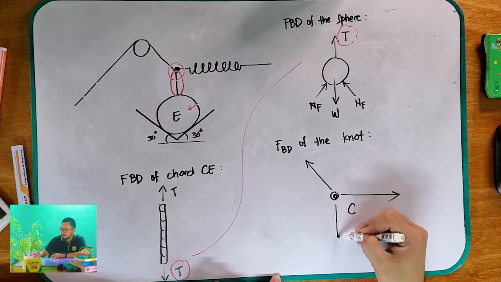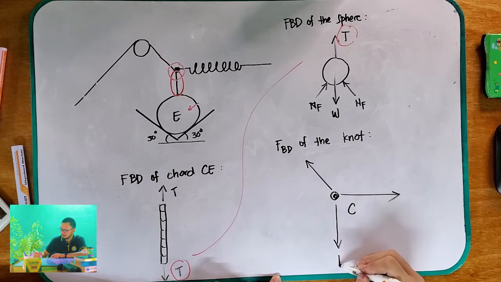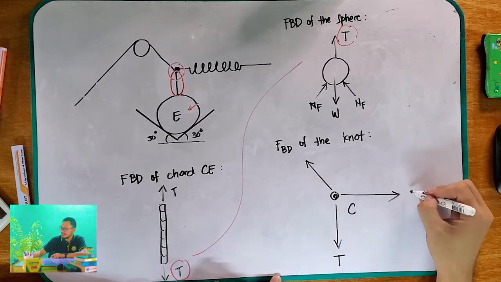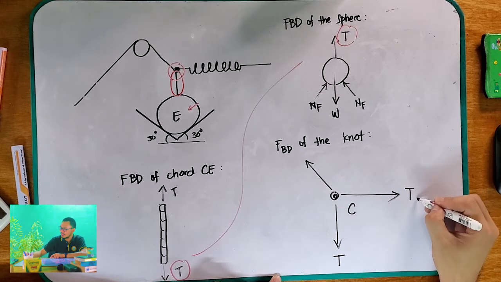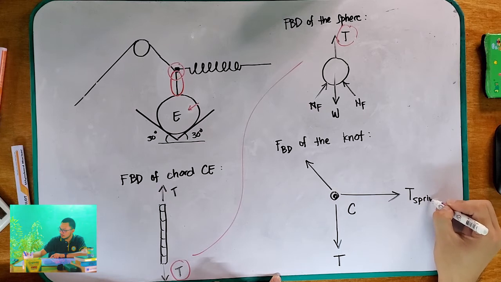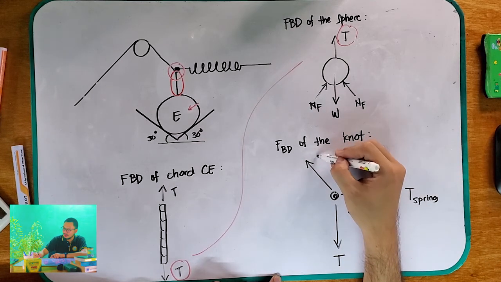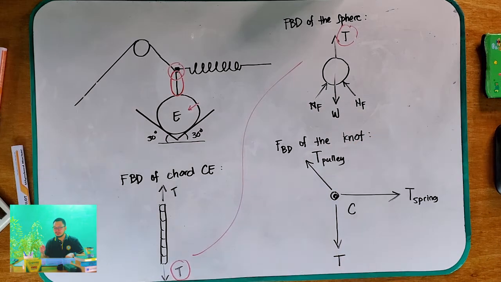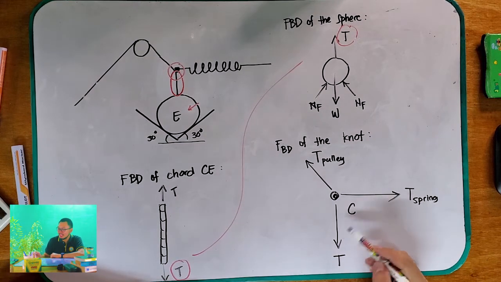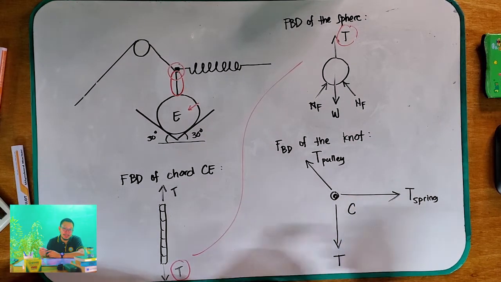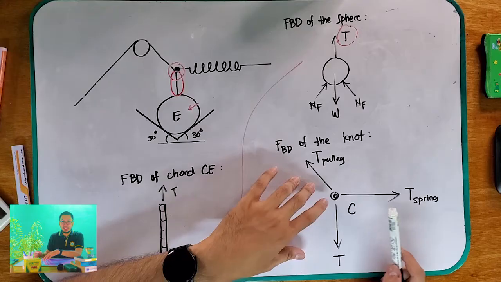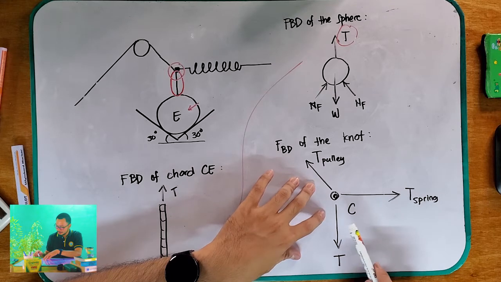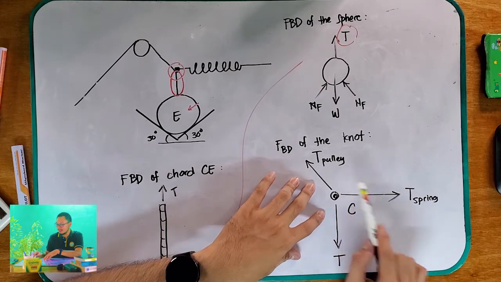And this is your tension, this is your T spring. And this is your T pulley. And obviously, these tensions have different magnitudes. So you have to take note of that one. And you can identify the forces of these tensions by our next example.